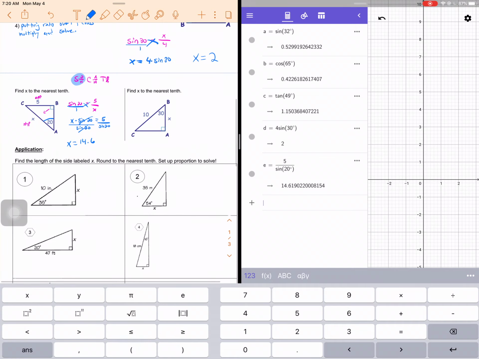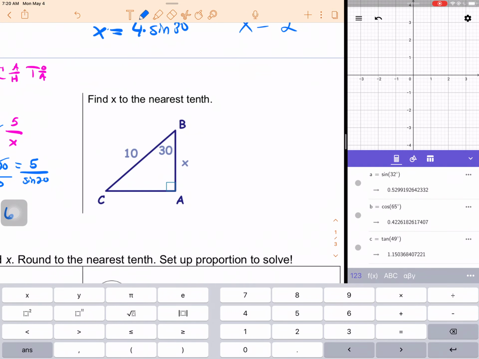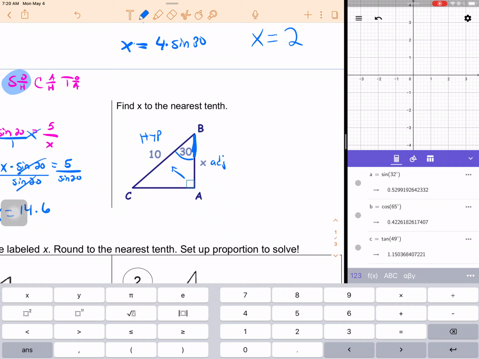All right, let's do one more together. Here's the angle, 30. 10 is the hypotenuse because it's across from the right angle. x is adjacent because it's the side touching the angle that's not the hypotenuse. So what's the winner when we have adjacent and hypotenuse? Cosine. So cosine 30 equals adjacent over hypotenuse.